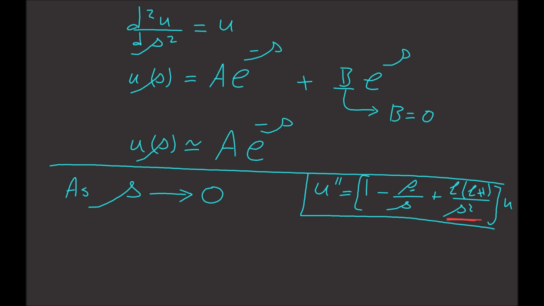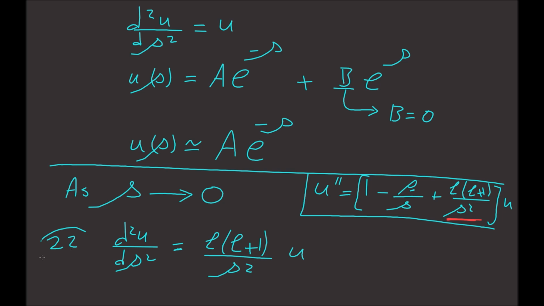Because it's on the bottom, it increases very rapidly, which makes equation number 21 look something like this: the second derivative of u with respect to rho equals L times L plus 1 divided by rho squared times u. Let's call this equation number 22.